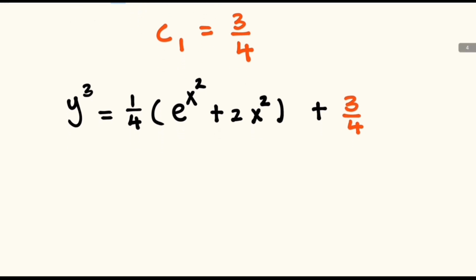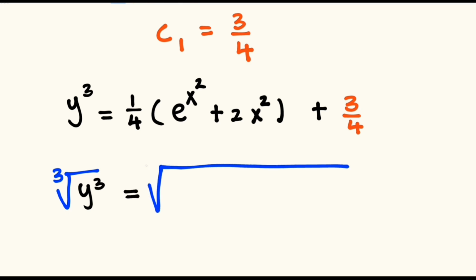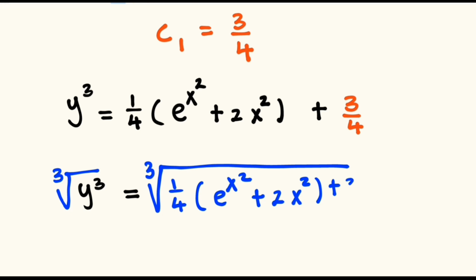From here, we make y the subject of the formula by introducing the cube root on both sides of the equation. So we have the cube root of y cubed, which will be equal to the cube root of 1 over 4 into e raised to the power x squared plus 2x squared plus 3 divided by 4.